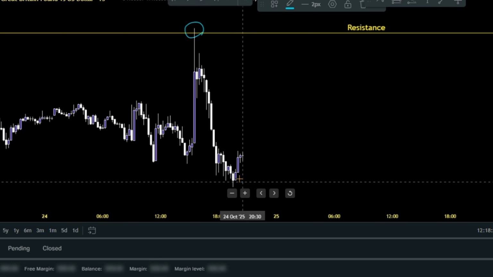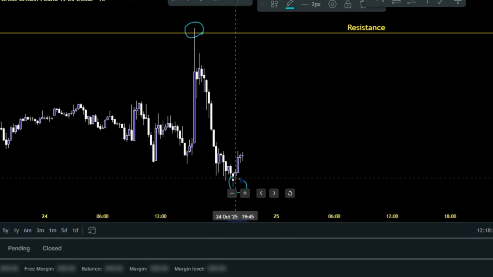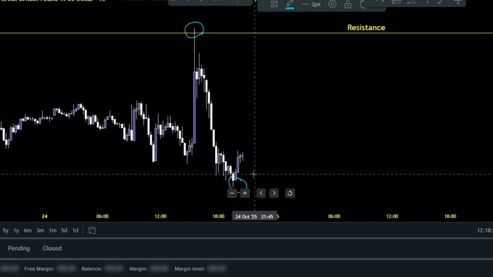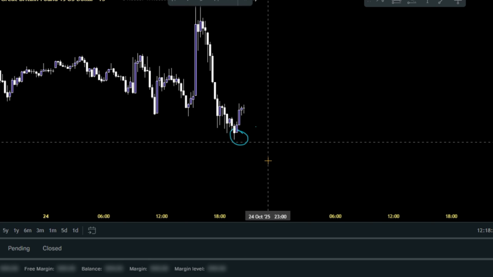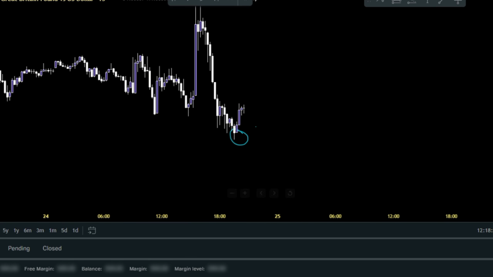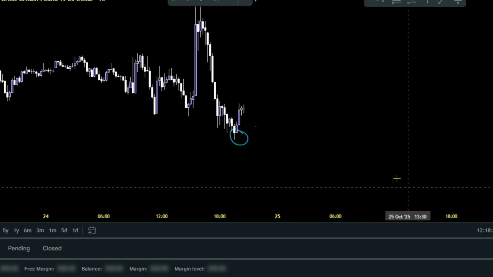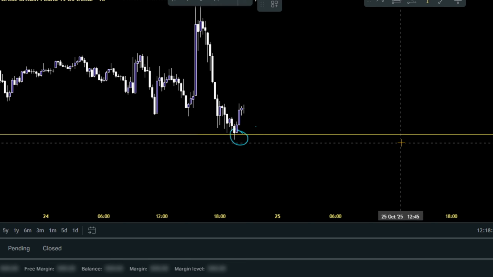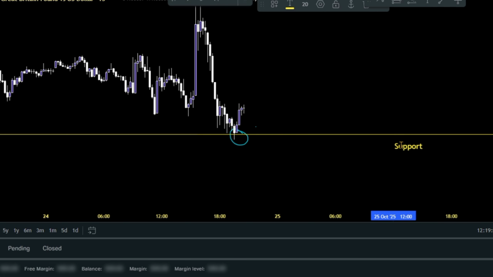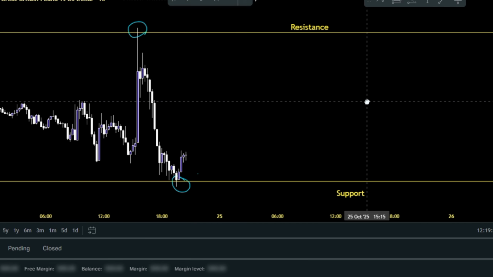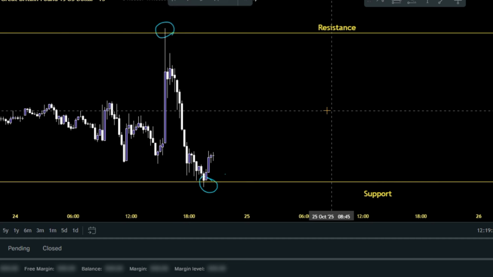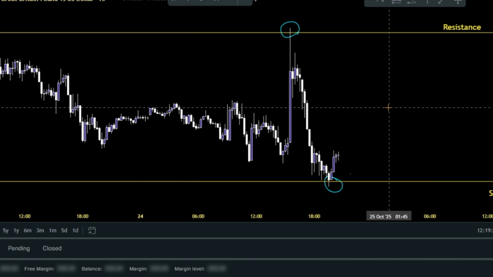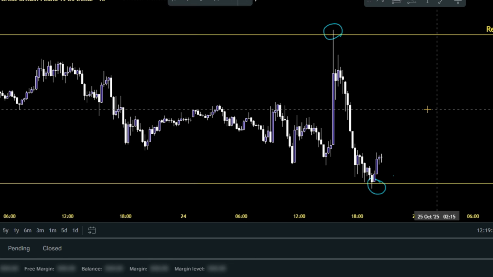You can see the price reacted to it and now started moving up. So we can also mark this as our level of support. So we have these key levels. Let's wait and see what the price is going to do when it reaches these levels.